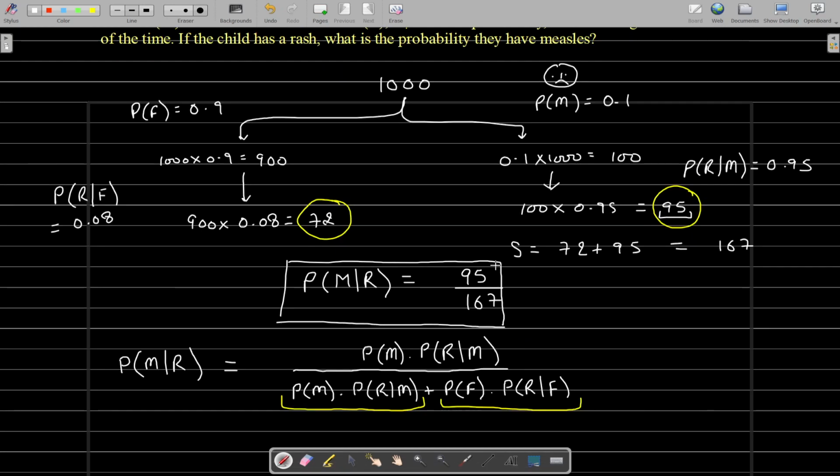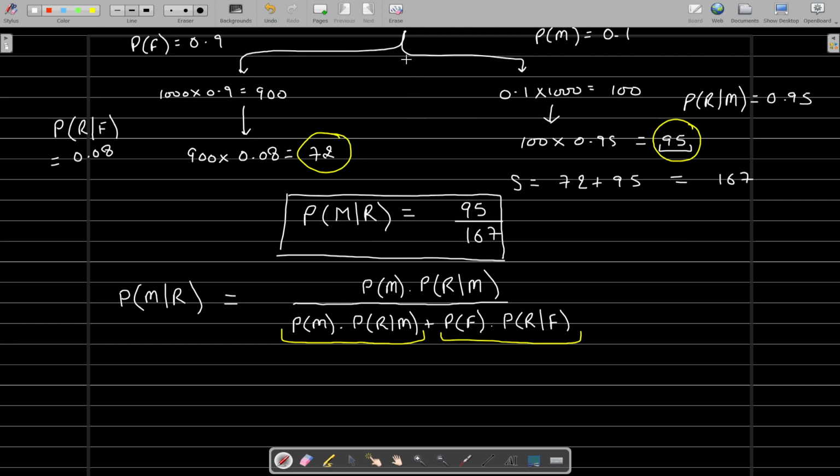Now let's say a problem has a third disease. Let's say stomach flu, which has a probability of, let's say, if flu is 0.85, then stomach flu is 0.05, and let's say the probability of a rash given stomach flu is 0.01.